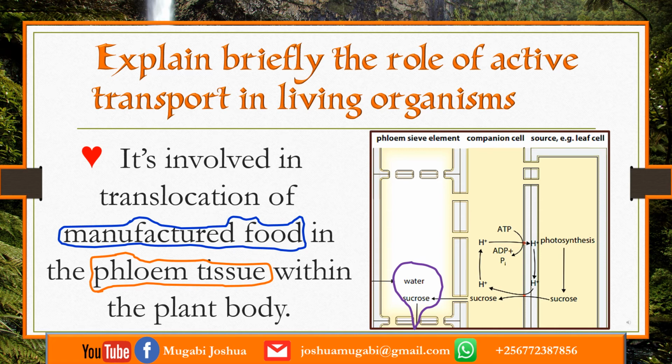So you can see that active transport has been involved in the translocation of manufactured food in the phloem tissue within the plant, because it started by using energy to transport the hydrogen ions from the companion cell to the cell wall, which initiated the whole system of translocation of sucrose from the source into the phloem sieve tube.